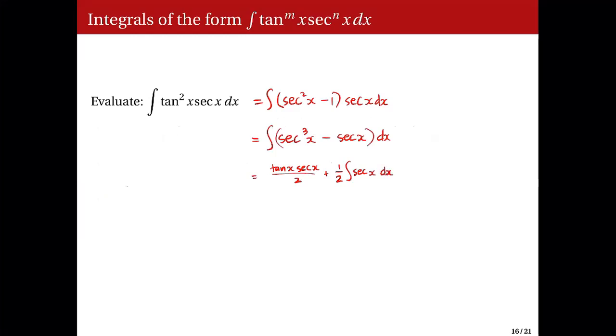And of course, you still have this minus the integral of secant x dx. That's from the reduction formula.